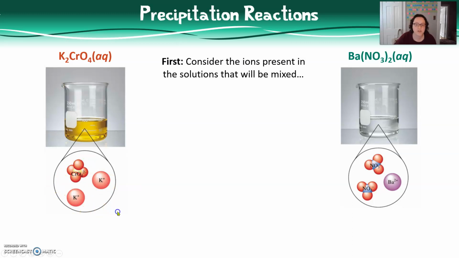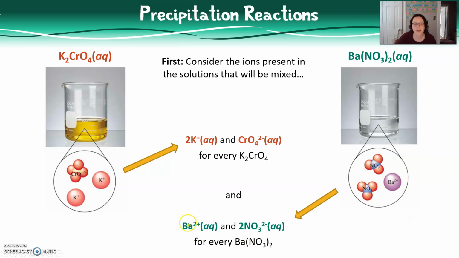We know this because we interpret that aqueous label, or the term, to mean that the ionic compound has fully dissociated into separate ions. So for the potassium chromate solution, there are 2 potassium cations for every 1 chromate anion. And for the barium nitrate aqueous solution, there is 1 barium cation for every 2 nitrate anions.